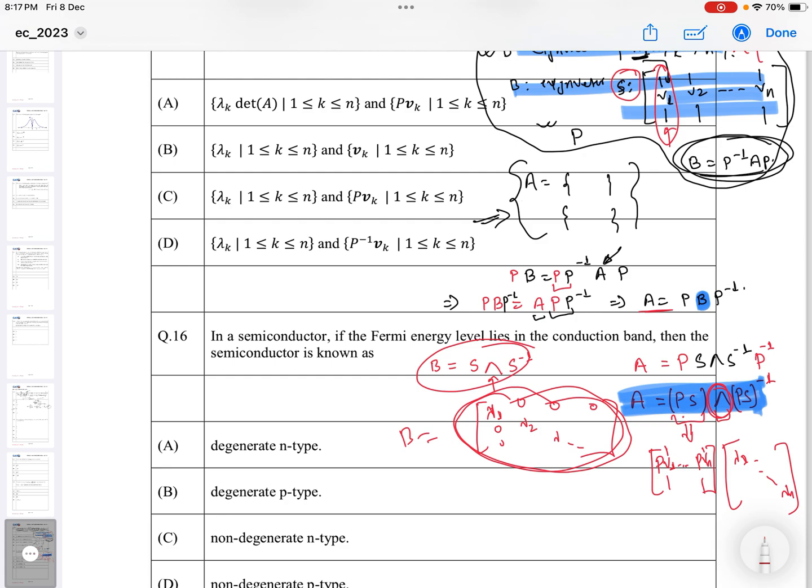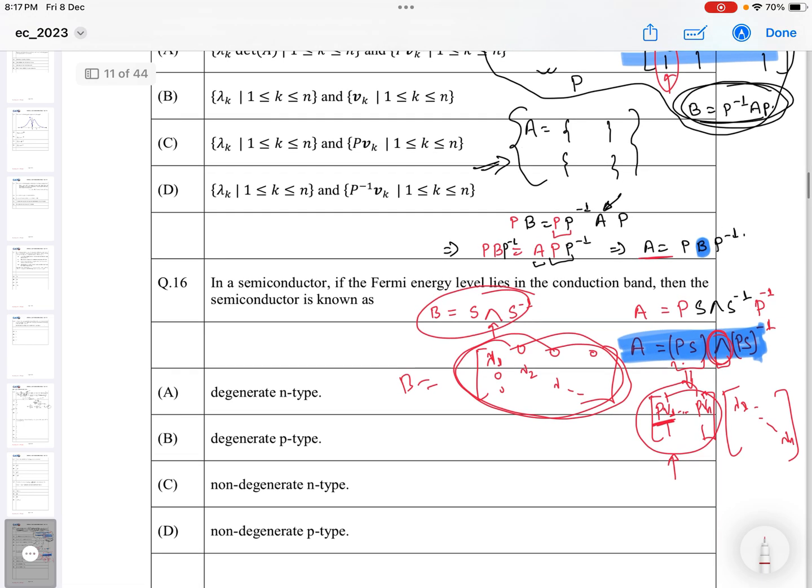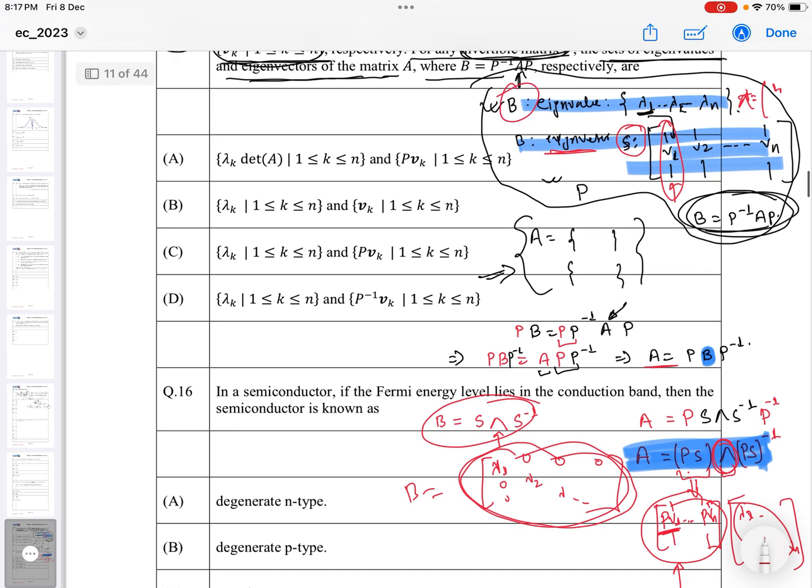So we got the answer: the eigenvector of A will be P times the eigenvector of B, and the eigenvalue will be as it is, the eigenvalue of B.